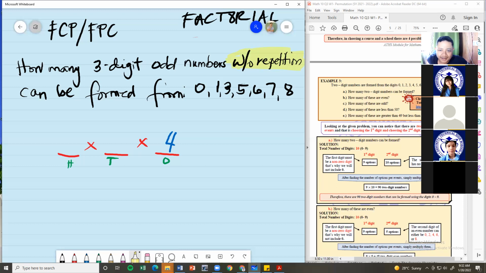Okay, so therefore, how many digits for the hundreds can be used? How many? Let me see. Only one sent the answer. Some are still sending. Sige, let's wait for the rest.